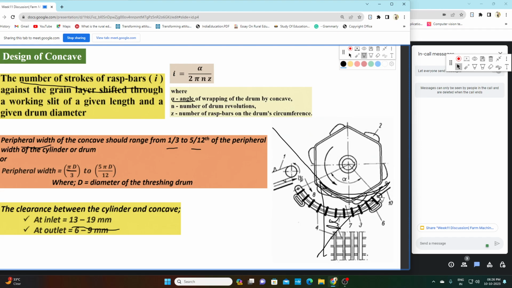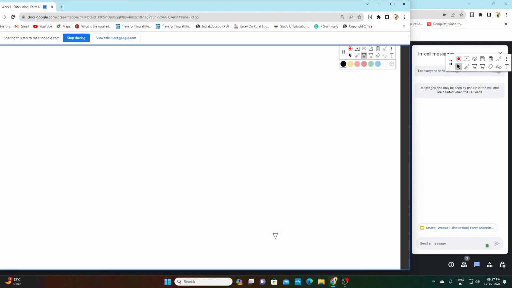If the clearance at the outlet is also large, there will not be sufficient threshing. That is why the shape is such that there is more spacing at the inlet than at the outlet. At the inlet the clearance is 13 to 19 millimeter, and at the outlet it is 6 to 9 millimeter. These are some of the design parameters for the thresher and concave.